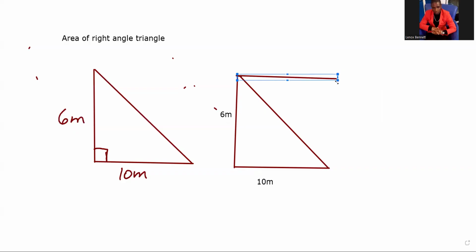What if we turn it into a rectangle? What would be the area of this rectangle? Let me ask you guys, what would be the area of a rectangle with the length being 10 and the width being 6?